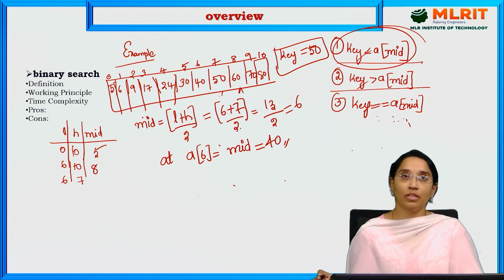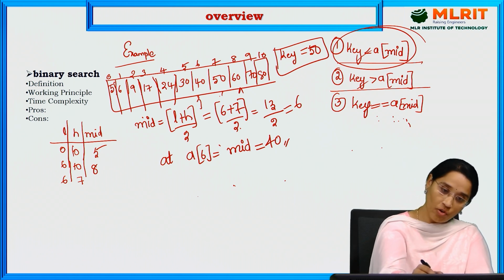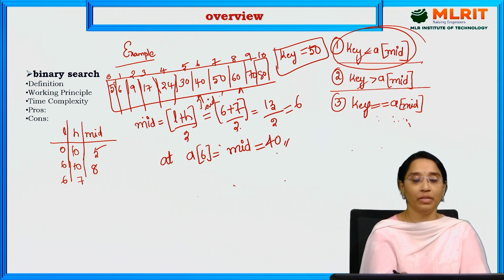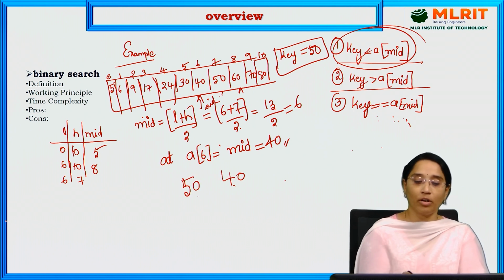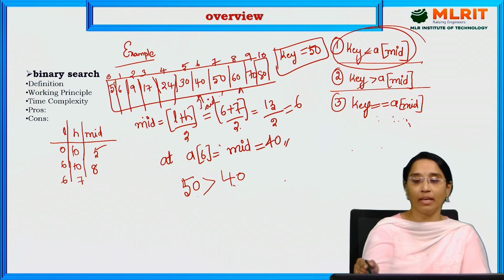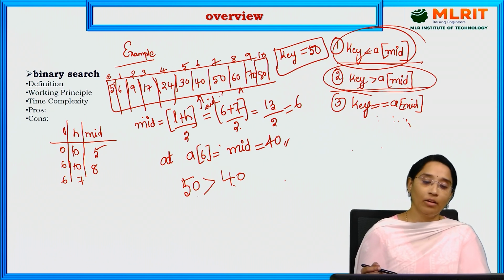So now you got the mid value here. Which case will it fall? We have the key value 50 and you got the mid value as 40. So 50 greater than 40. Second one.